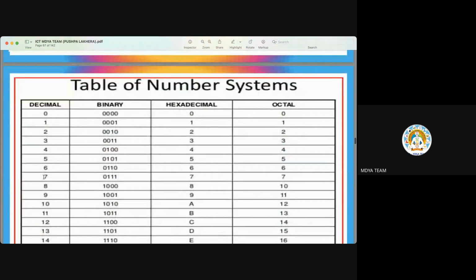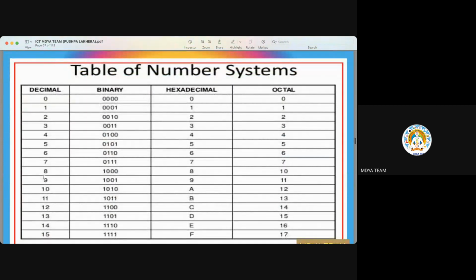Now, how do we represent the numbers in different systems? In decimal, we write 0, 1, 2, 3, 4, 5, 6, and so on. In binary, if this is of 4 bits, not digits, 4 bits, we use only 0 and 1, a combination of zeros and ones.